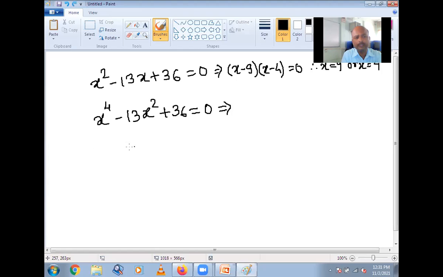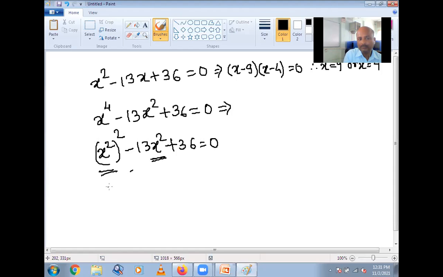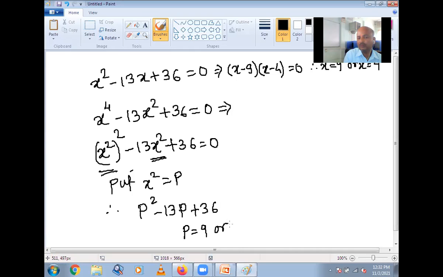Before this, x raised to 4 means x square square, minus 13x square plus 36 is equal to 0. So you have substituted the same term: put x square is equal to p. That means you will get the new equation p square minus 13p plus 36, so you will get the value of p. p is equal to 9 or 4.